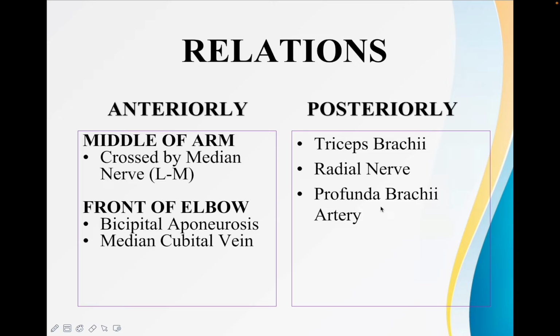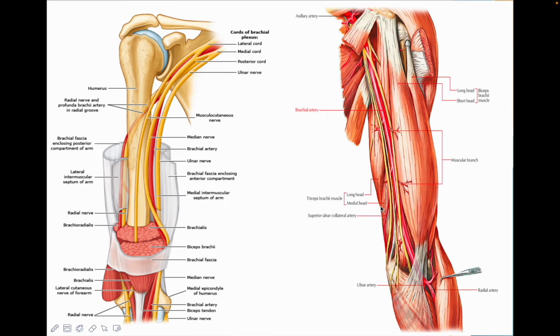Further, the anterior and posterior relations of the brachial artery. Anteriorly, this is the median nerve, which is formed by the lateral and medial cords of the brachial plexus. It is the anterior relation of the brachial artery, especially in the middle of the arm.